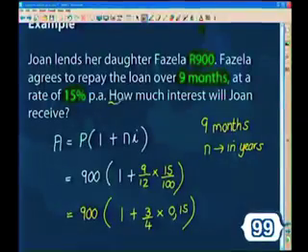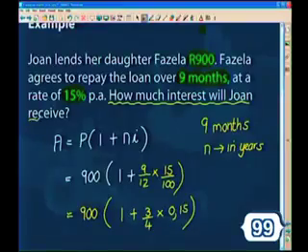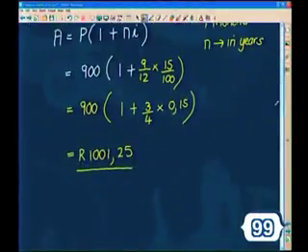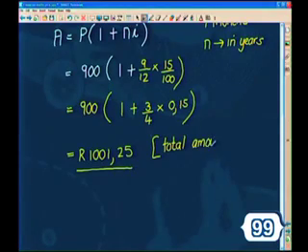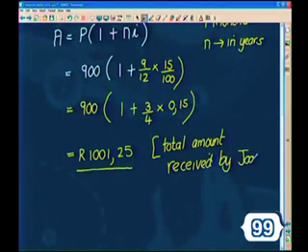And the question is, how much interest will Joan receive? Now, I'm sure that you can see that this amount is the total amount received by Joan. Okay, so over the 9 months, she is going to get payment, and this is the total amount.